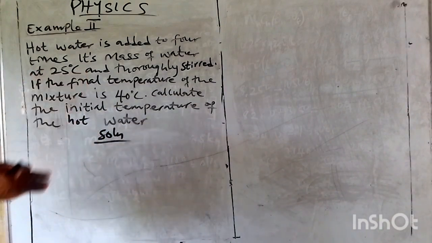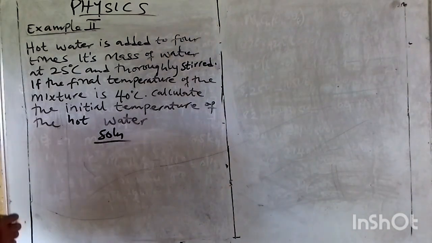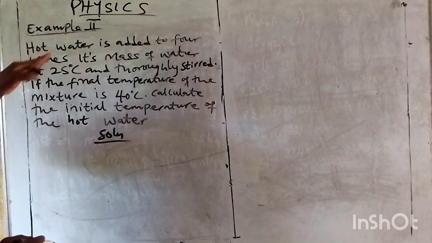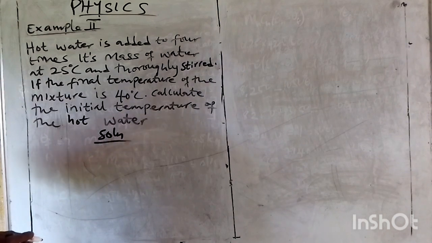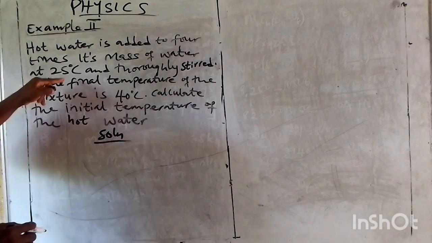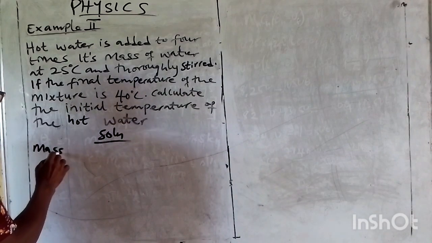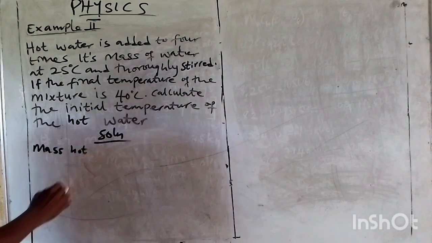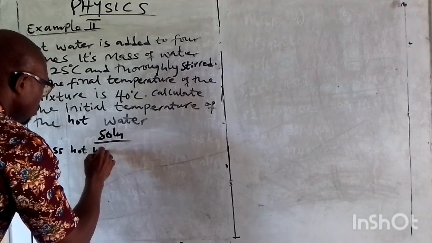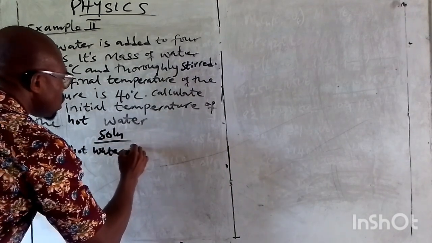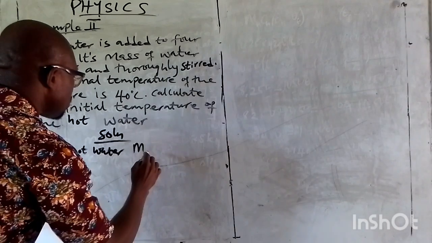So we continue. Now, hot water is added to 4 times its mass of water. Of course, this is cold water. Now, mass of hot water, which is mH.